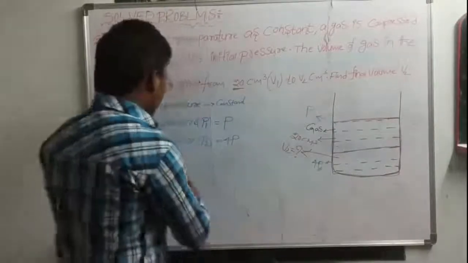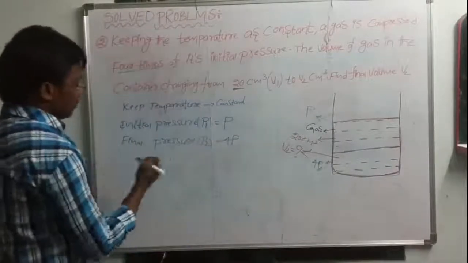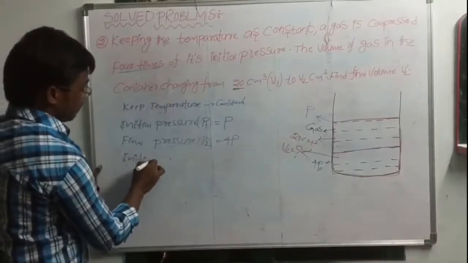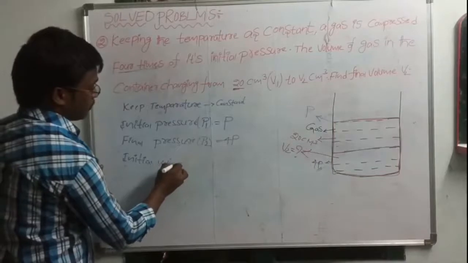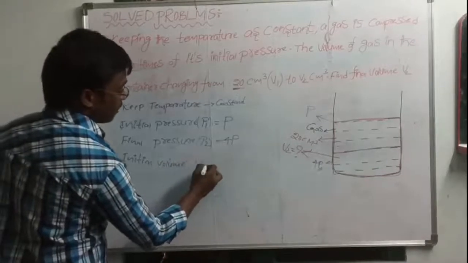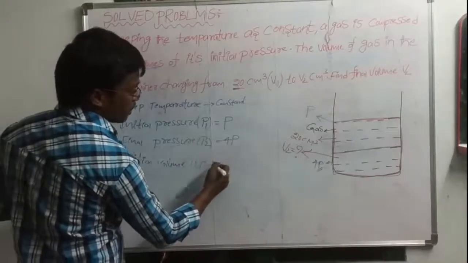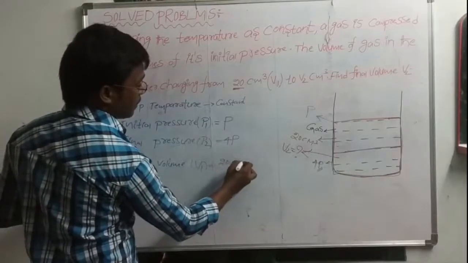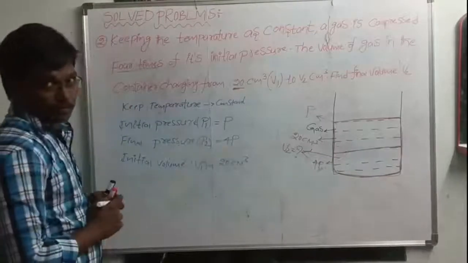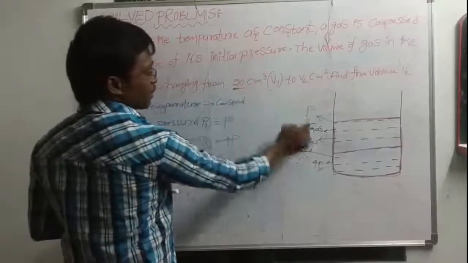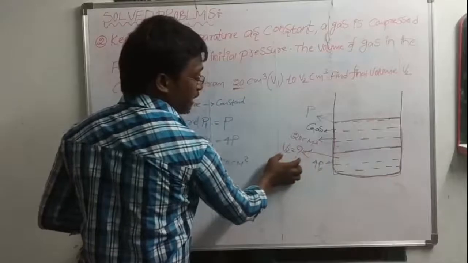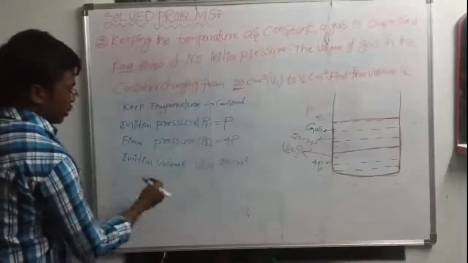So I am writing the data here. Initial volume V1 is equal to, what he has given? 20 centimeter cube. After compression, he reached somewhat. What is the final volume? V2. So we have to find that only.